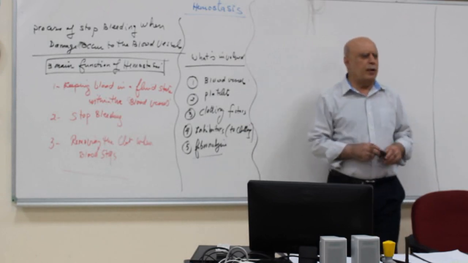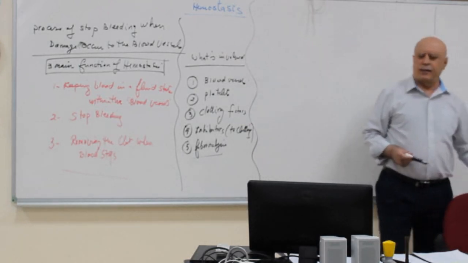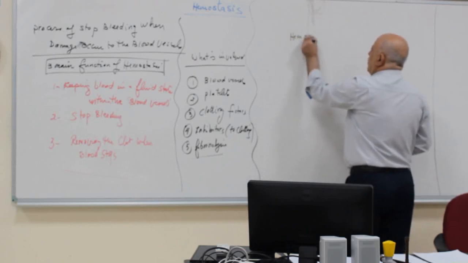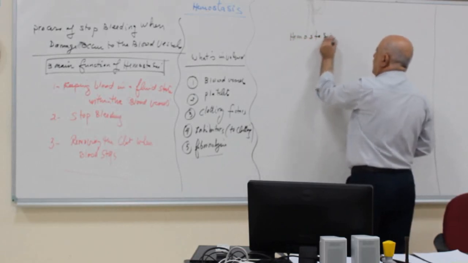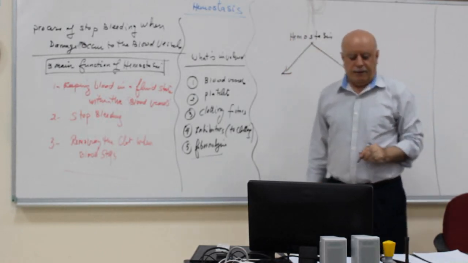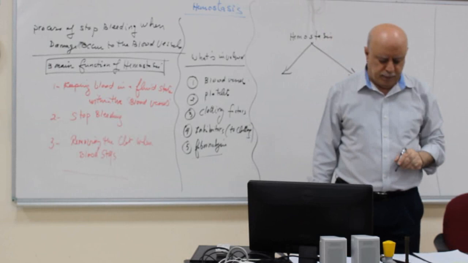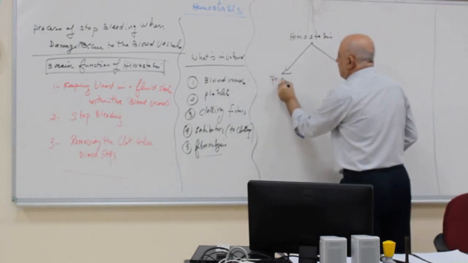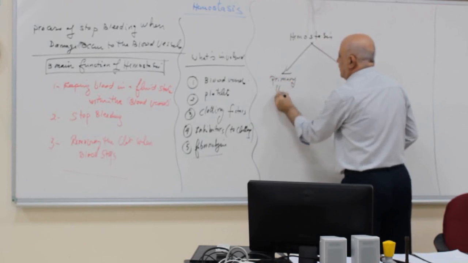Now, when we talk about hemostasis, we have two parts. It's divided in two parts. The first one is called primary hemostasis.